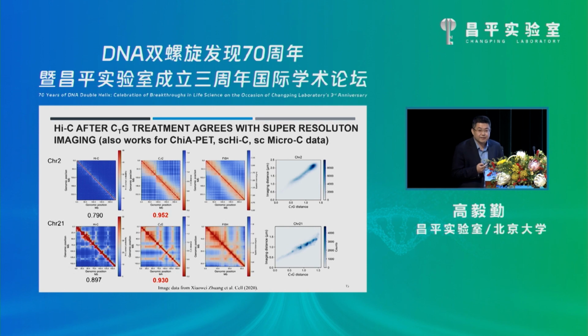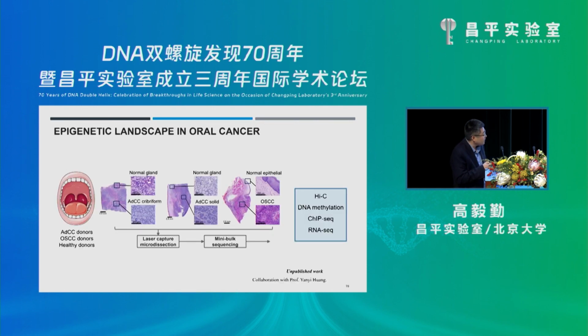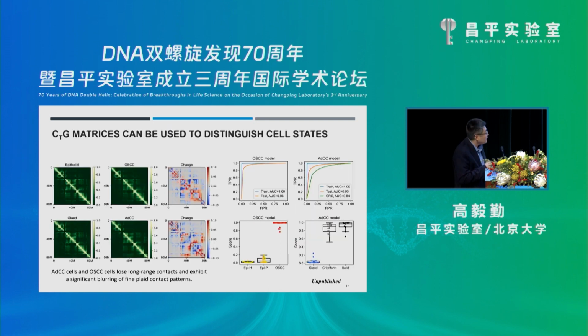So with this method, we decided to look at samples from cancers and to see whether this methylation pattern has something to do with the chromatin organization. So we take basically mini bulk, and Yan Yi did most of the experiments there. Here I show a few examples. For example, for the oral cancer, there's OSCC and ADCC, two types.